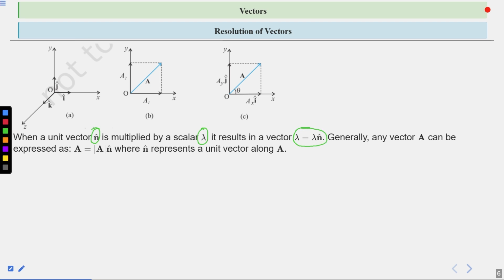Generally, any vector A can be expressed in this form, where n cap represents a unit vector along the A vector. So here A is the vector, mod of A is the magnitude, and n cap is the direction of the given vector.